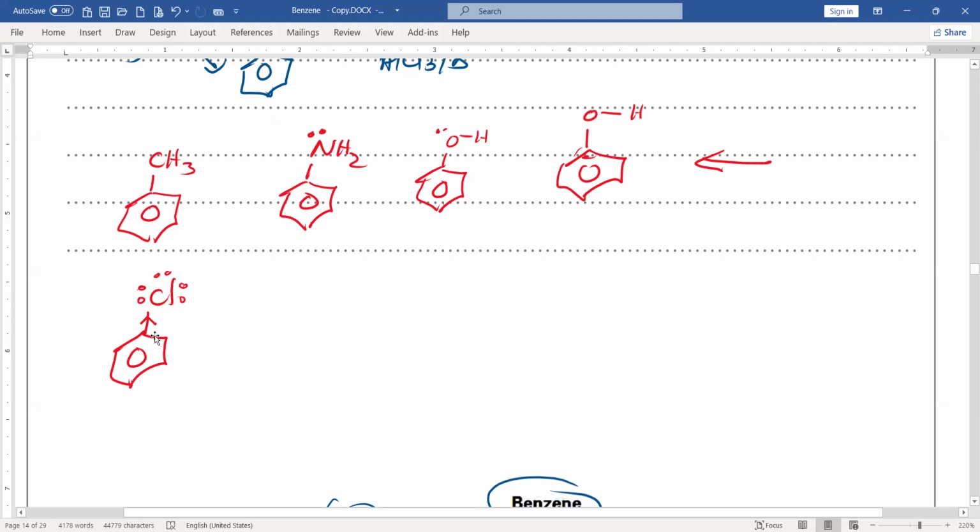But all the ring deactivating groups are not meta directors. There may be some ortho para directors like this halogen attached benzene ring.